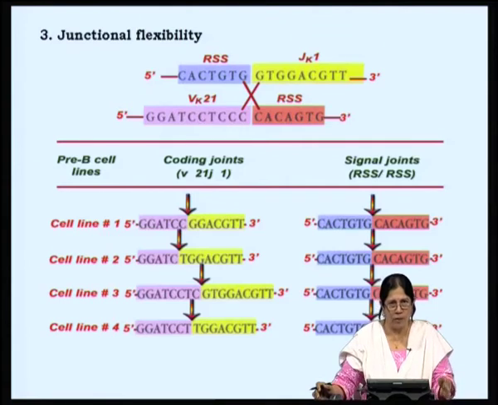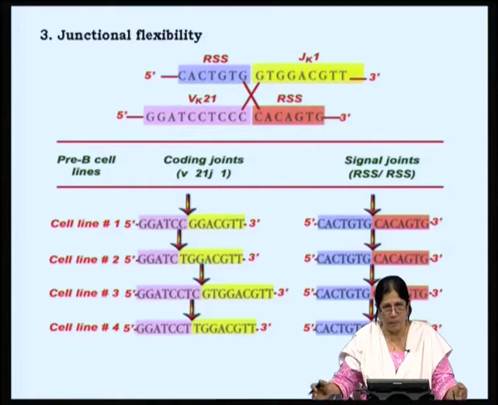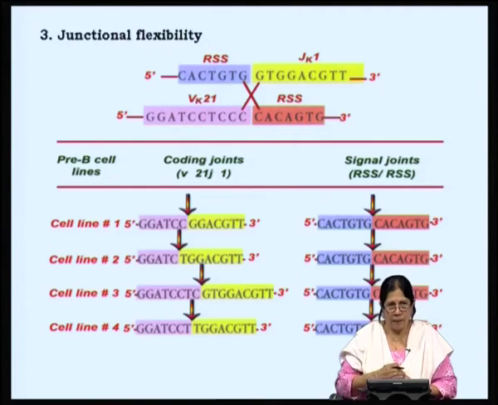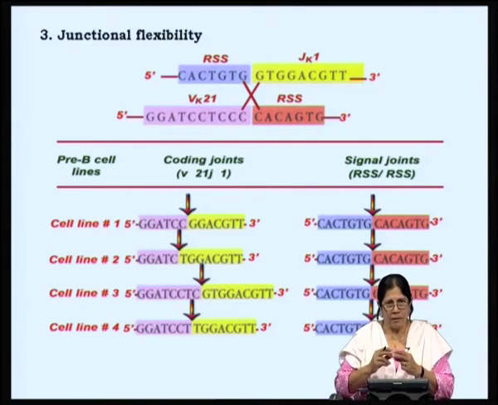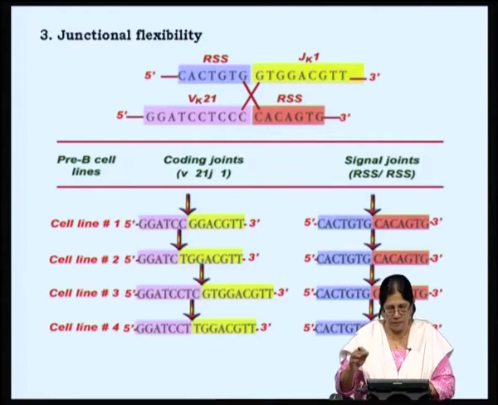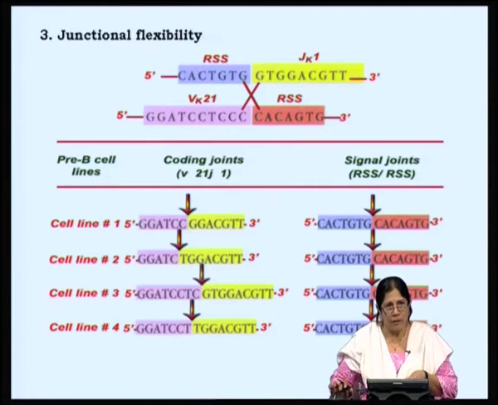So, randomly you would have any one of J, D and then V being recruited, and then again light chain which is combined separately, the heavy chain combined separately, and these two coming together after the translation and when folding takes place in the cell, combination of this again would give further diversity. So, therefore, we have covered now the first two, that is several of these gene segments which have the capacity to recombine at the DNA level, followed by combinatorial association between the heavy and the light chain.